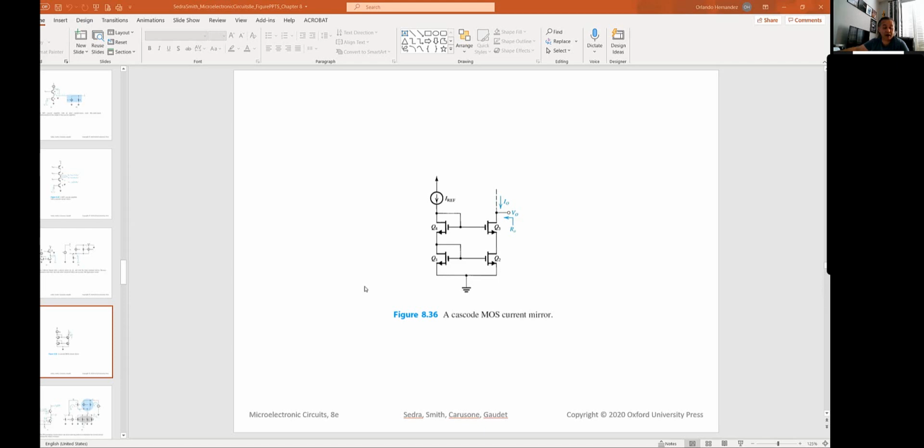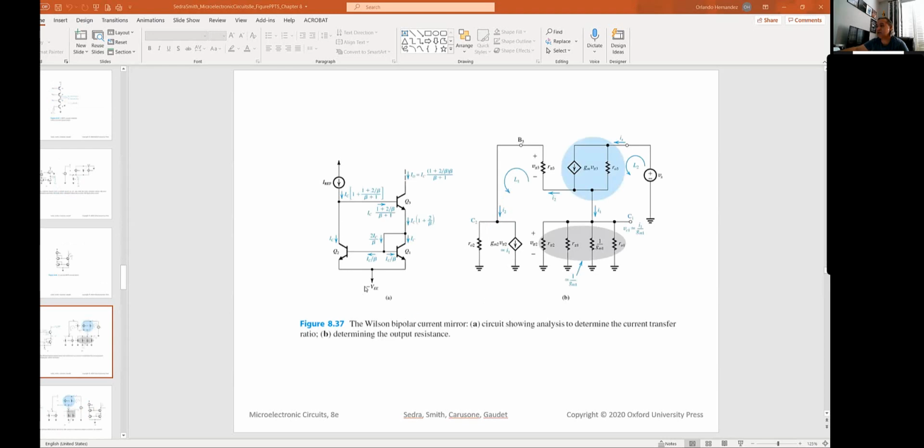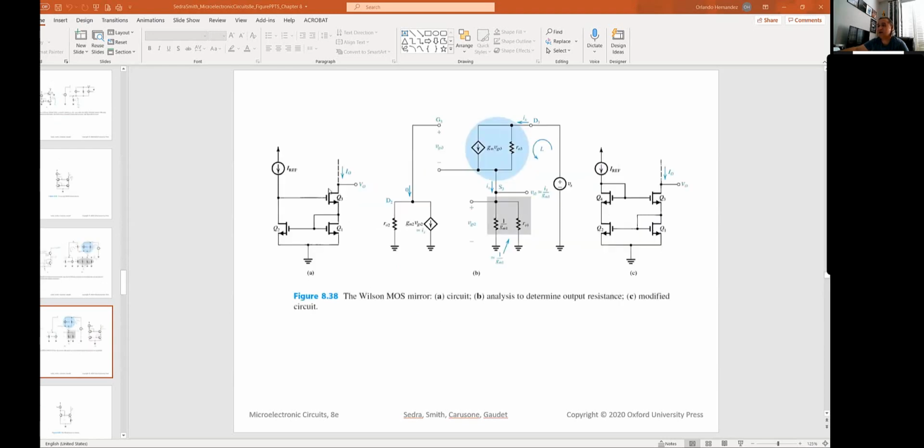Another topology that has the same effect, essentially that the output resistance gets increased, is what is called the Wilson current mirror, that looks like this. It uses one fewer transistor in this topology.